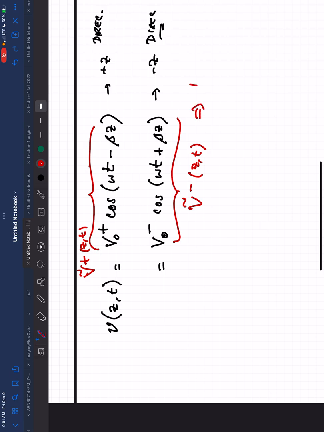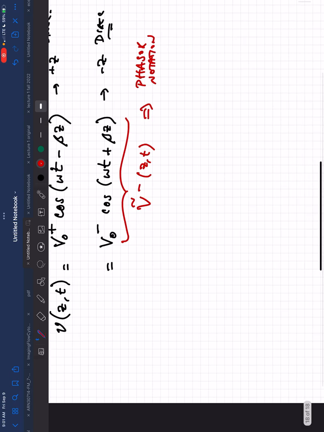So phasor notation means that I'm not putting in the cosine sign. And that's all that means, okay? Guys with me? Guys okay?